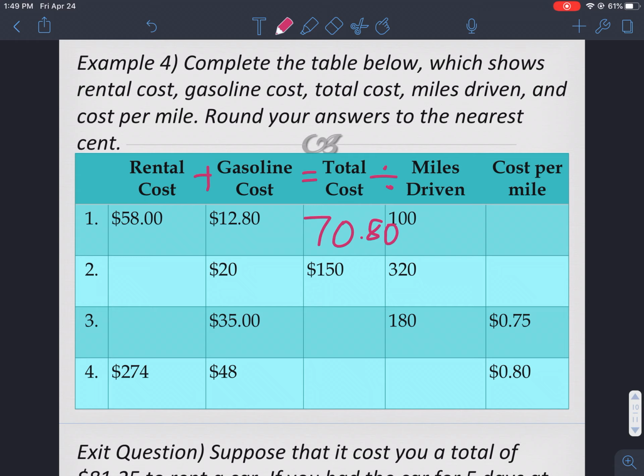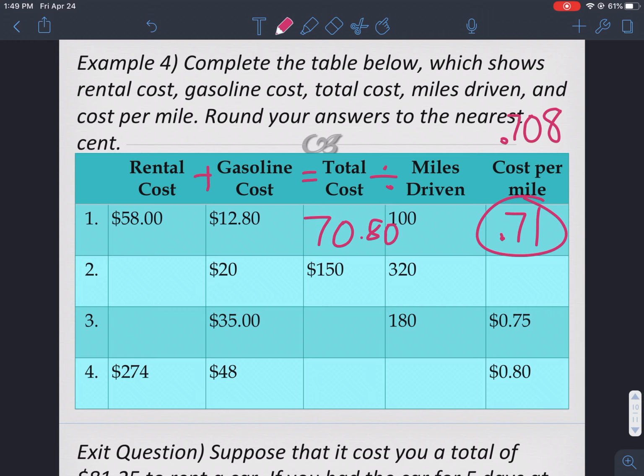$70.80. If I drive 100 miles, I am going to take $70.80 and divide by 100, and that gives me 0.708, but let's round it to the nearest cent and make it 0.71. In number 2, now we have to go the opposite.